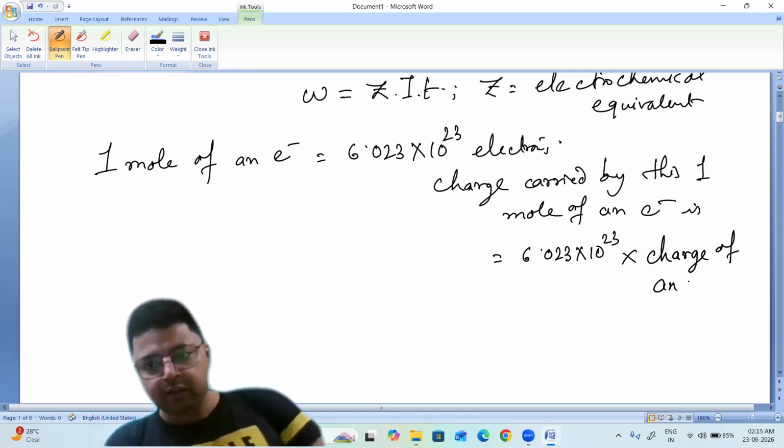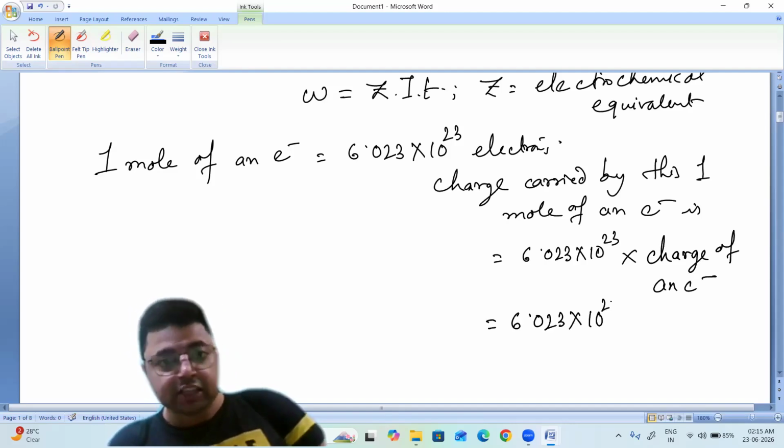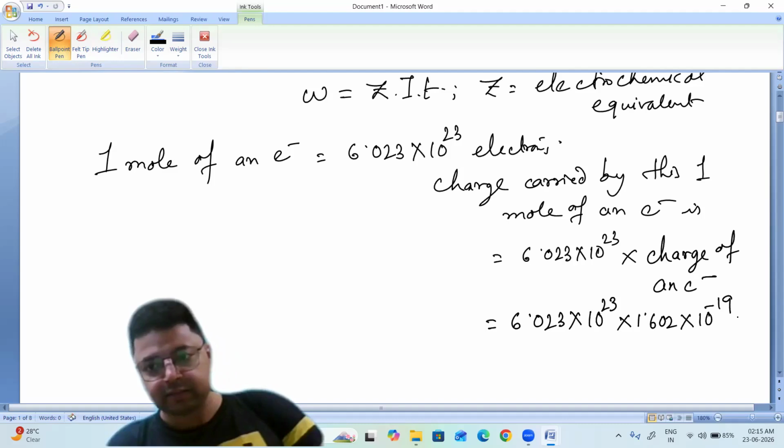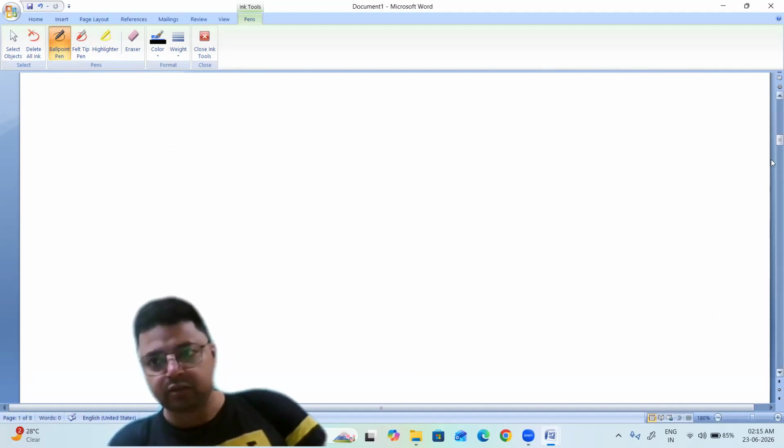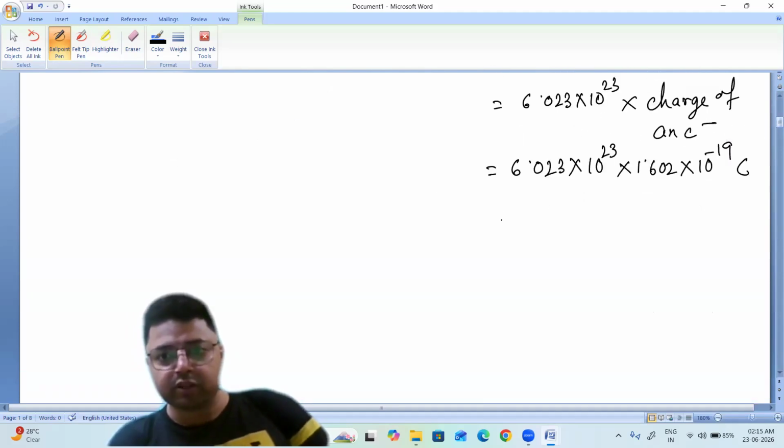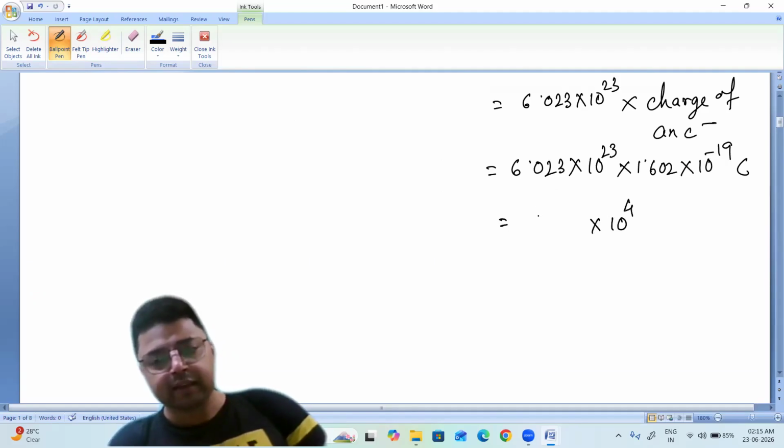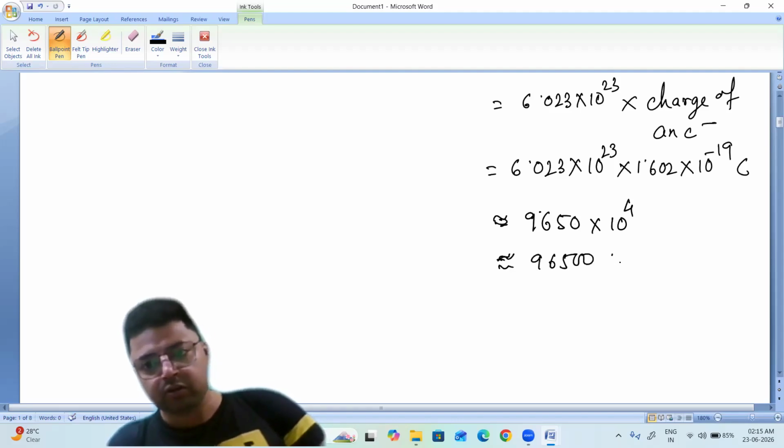So what is the charge of an electron? The charge of an electron is 1.602 times 10 to the power minus 19 coulombs. So 10 to the power 23 and minus 19 will give you 10 to the power 4, and here it will be something like 9.650, so approximately 96500 coulombs.